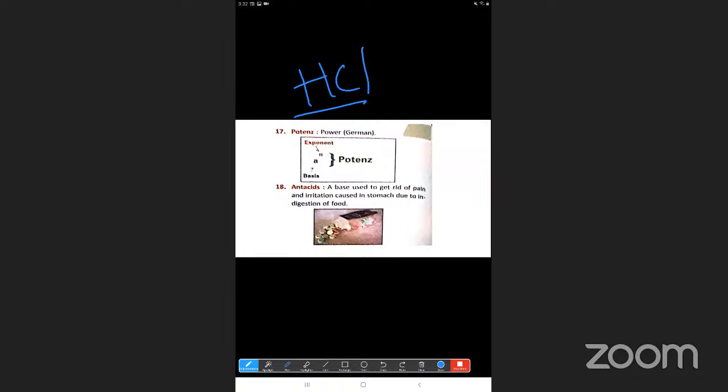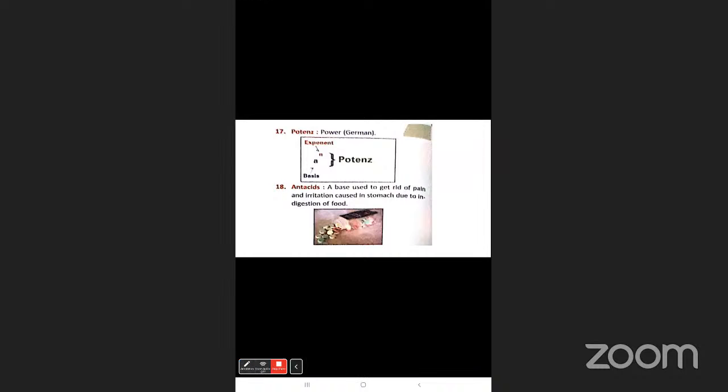So if this HCl acid is released more in our stomach, at that time we feel pain and irritation, so we feel indigestion of food. At that time we have to take a base to neutralize that acid, so that is an antacid, right? You know some people take Eno, right? That is to decrease the acidic nature in the stomach.